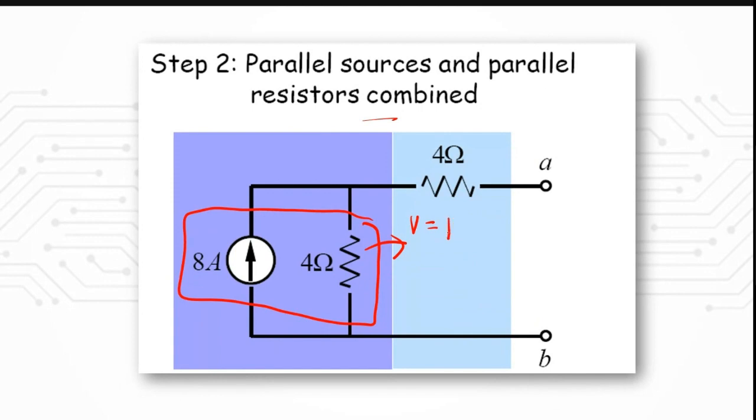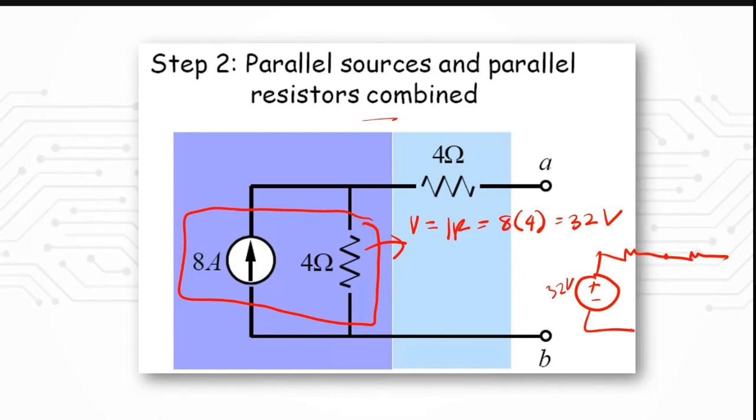V equal to IR, where you know that your I is 8 times with 4, where you have 32 volts. All right, so when you have this, then when you draw again, you will have 32 volts, and then series with this 4, and then series with this 4, then you will have this.